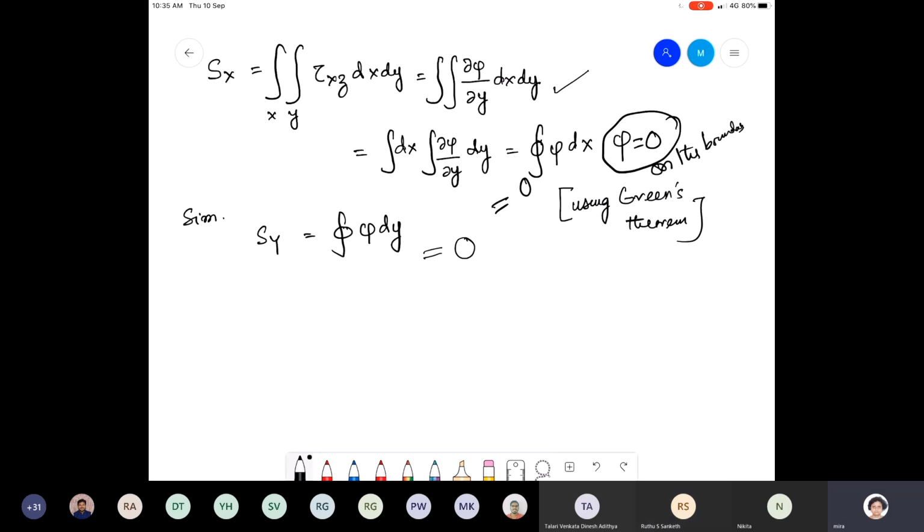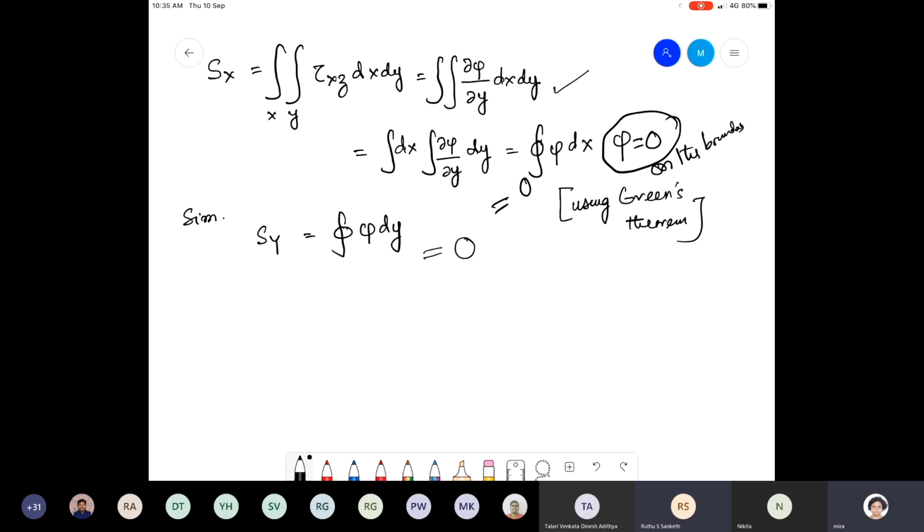If you go ahead with phi equal to constant, then these conditions will also be satisfied, but the derivation is slightly more complicated. So I'm not trying to get into that right now. But the condition integral phi dx over the boundary will be 0 even if phi is constant and not 0.